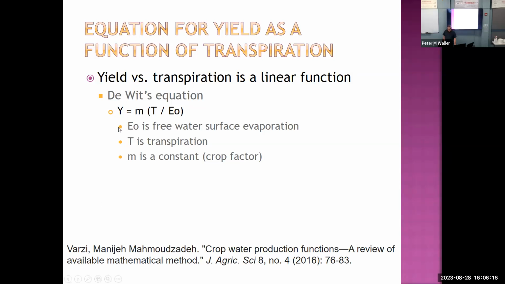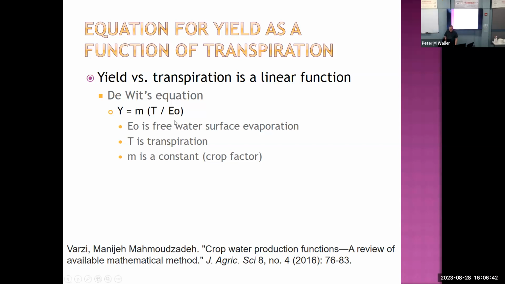So the yield is a function of the transpiration over the reference ET. And DeWitt used open water surface, which is not the same as reference ET. Does anybody know why? The fundamental reason why it's not the same?